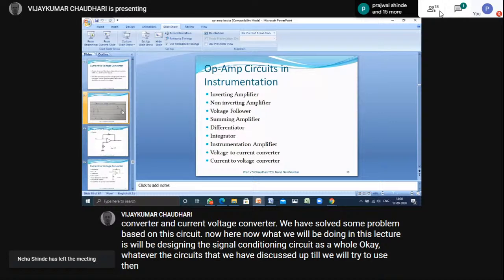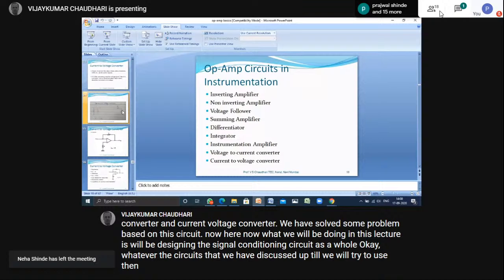This is the parameter to be measured of the process. It can be temperature, pressure, flow, velocity, speed, and whatnot. The process parameter has a certain range from Cmin to Cmax. The sensor output has a certain range.